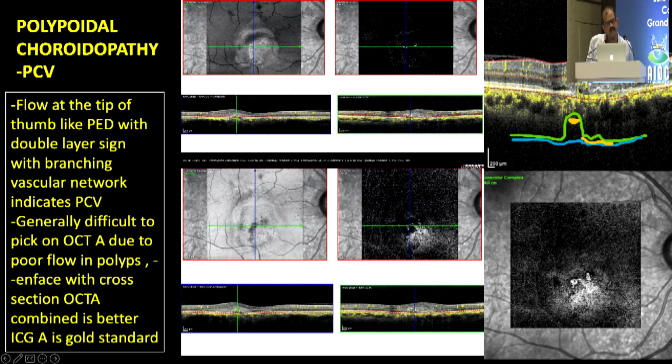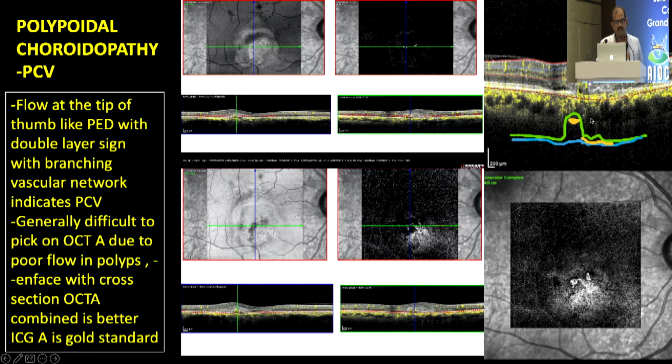For PCV, the gold standard for detecting it is still considered ICG, but since ICG is not available everywhere, OCT angiography and OCT images can also be utilized to detect PCV pathology quite reliably. Flow at the tip of a thumb-like PED with a double layer sign, along with a branching vascular network, is an indication that there is a possibility of PCV.